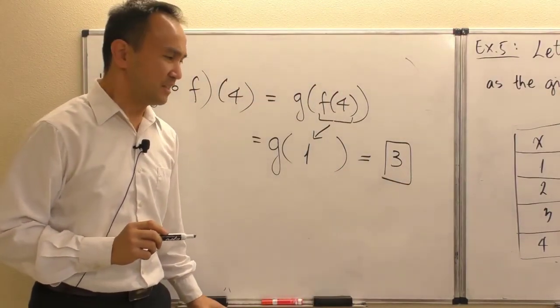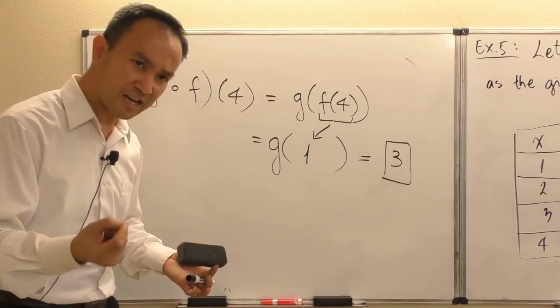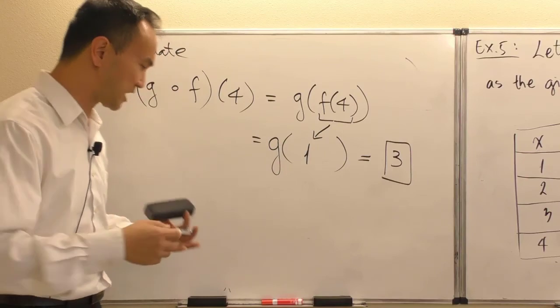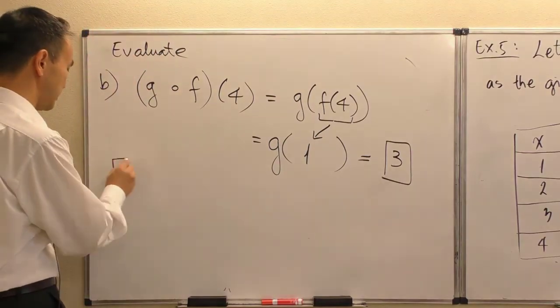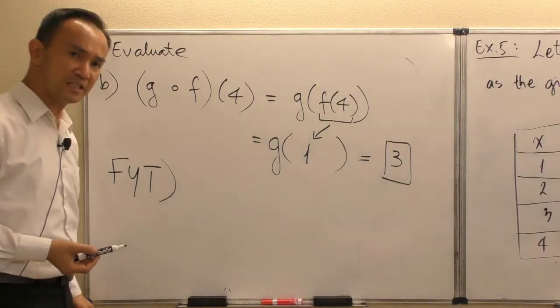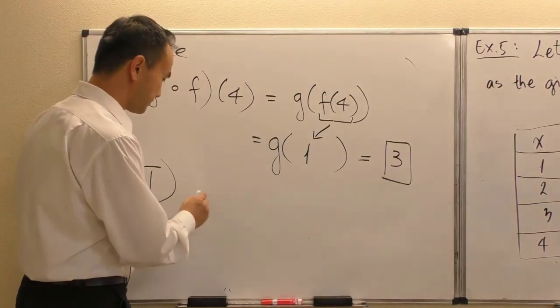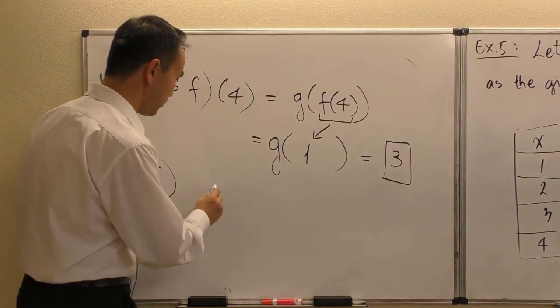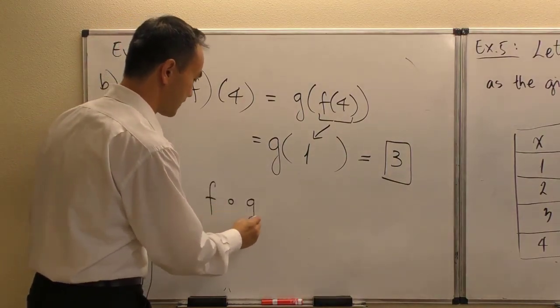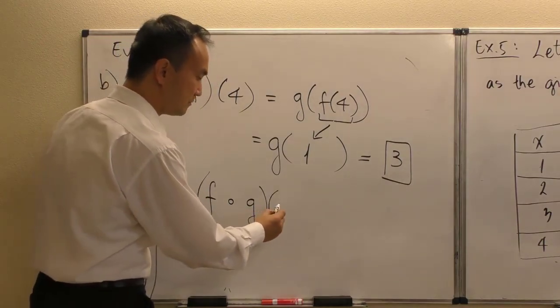This kind of problem is easy enough, so I don't think we need to go any further. But for your own trying, how about you do the following problem: f of g of 3.